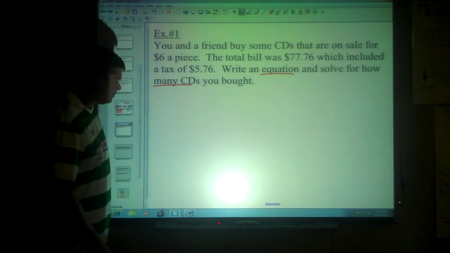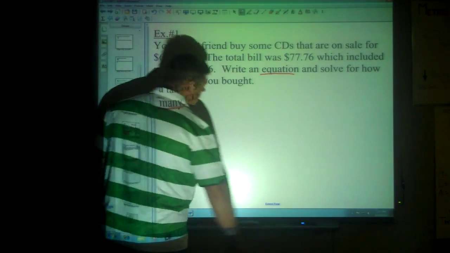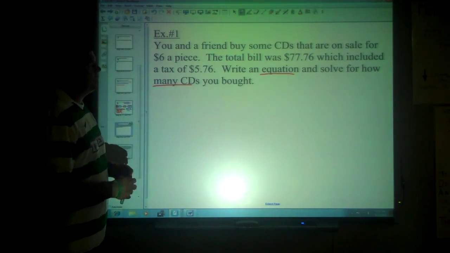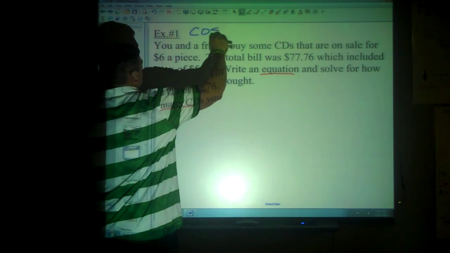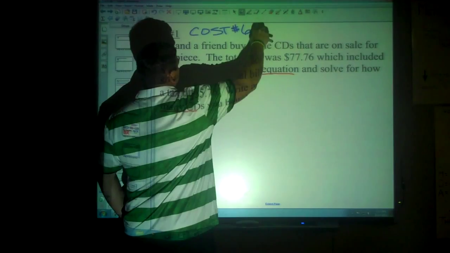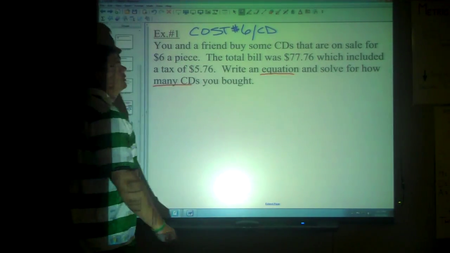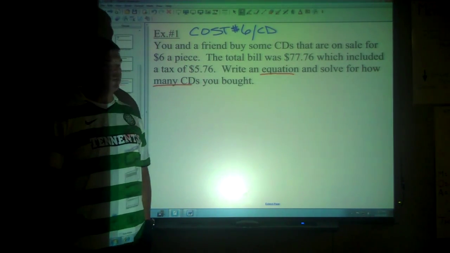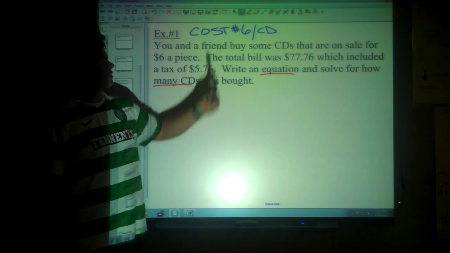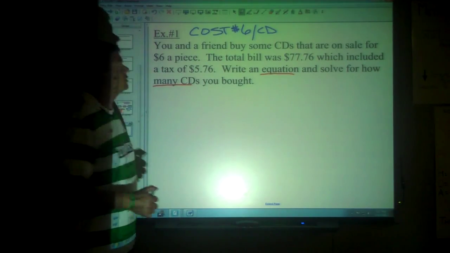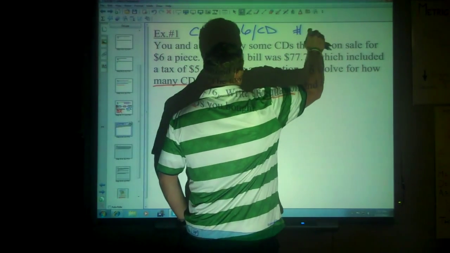So a verbal model. Doing this in words, would it be fair to say the cost? We have the cost of $6 per CD. We could use D for discs if we want, or C, whatever you'd like. So we know that our cost is 6. We don't know the number of CDs.